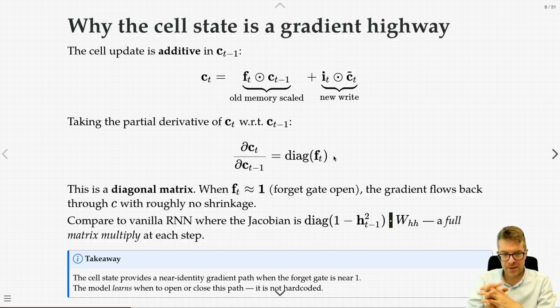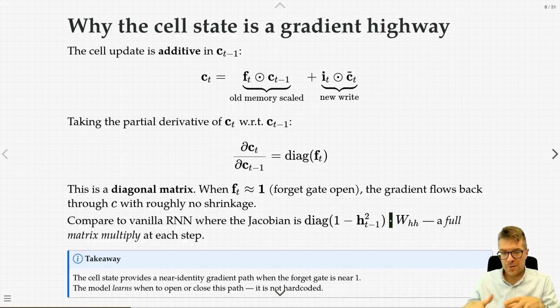When I learned the concept of an LSTM, I learned it with the metaphor of a hard drive that you can choose to write to, and I think that makes sense in this context as well. So the cell state can be a near-identity gradient path when the forget gate is near 1. We like the gradient path to be near identity in terms of its norm, so that's great.